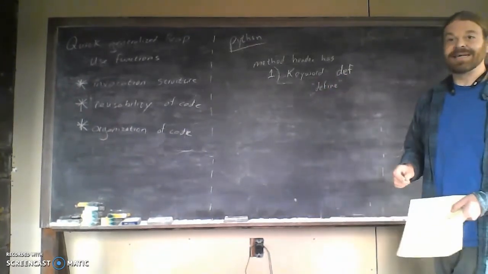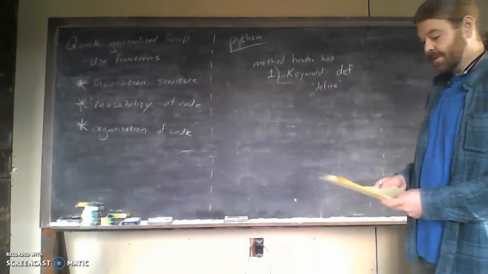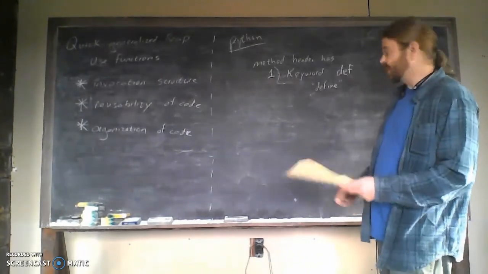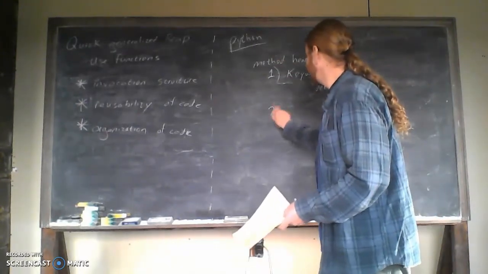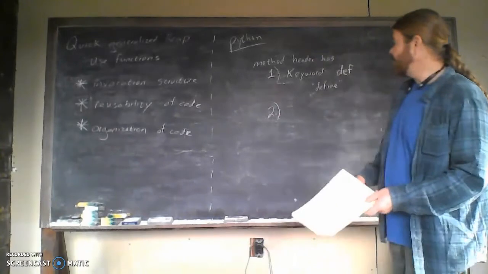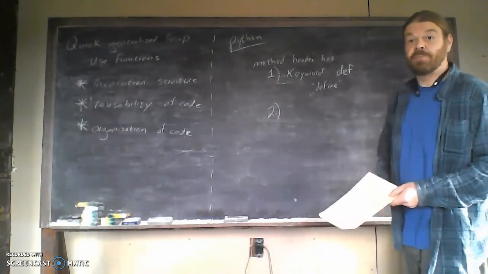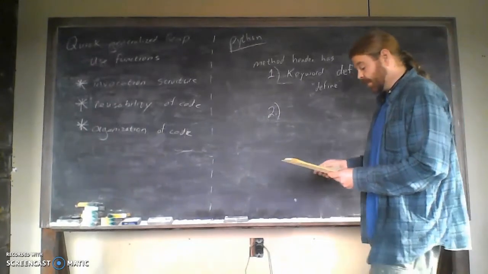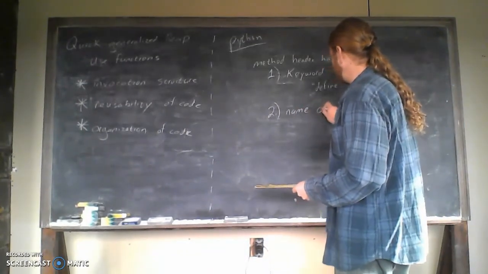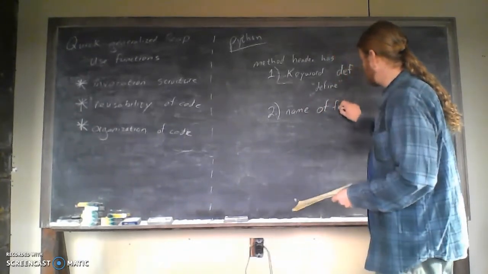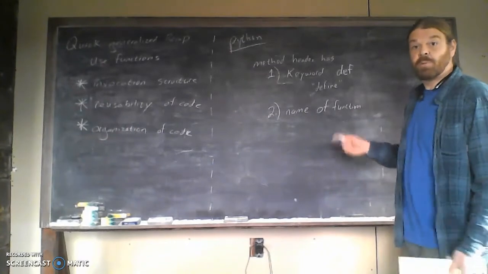Sorry, I think I completely changed up my syntax there, but when I look back at my notes, it made more sense to switch the list up this way because all of these things are in the method header. So first off, the keyword we define to tell the interpreter we have a function. Then we need a name of the function. And like variables, that's one we'll make up.